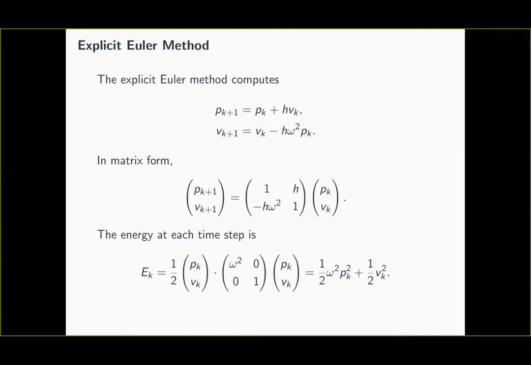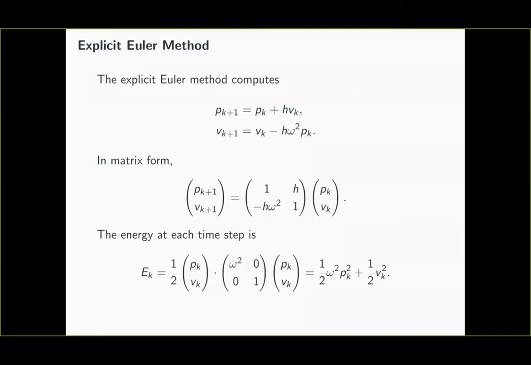The energy at each time step can be computed using any of the two formulas that we had before. Let ek be the energy at time tk. Then ek equals 1/2 times pk, vk times the diagonal matrix with omega square and 1 on the diagonal entries times, again, the vector pk, vk.